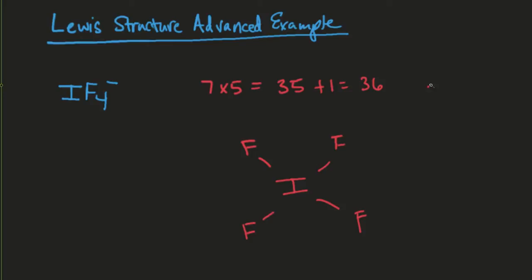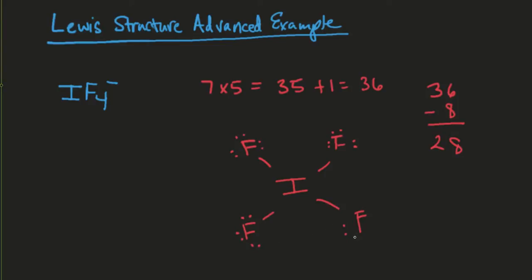And if we do that, we get 36 minus 8, and that gives you 28. And if you do 6 lone pairs on each fluorine, and there are 4 of them, 4 times 6 is 24.